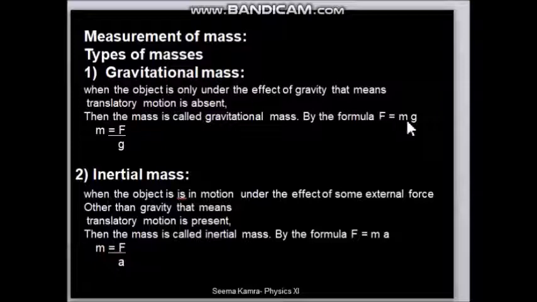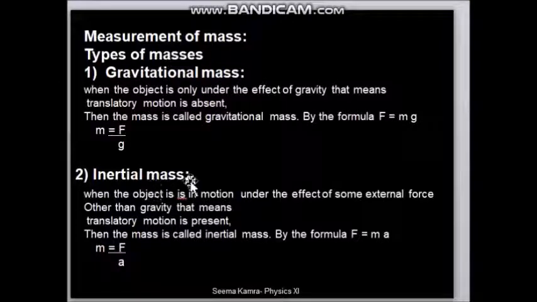So when the object is in no motion, when the object is stationary, that time by using this formula W equal to mg or F equal to mg, m can be calculated, and m formula will become F by g. So this mass which is measured when the object was stationary using F and g value, this mass is called gravitational mass.